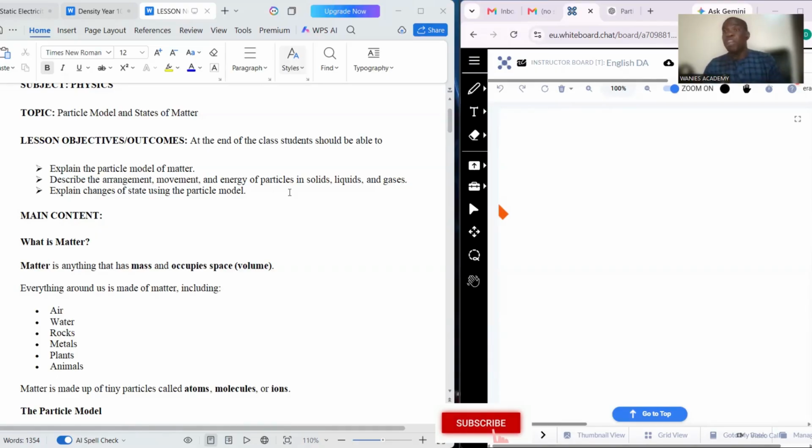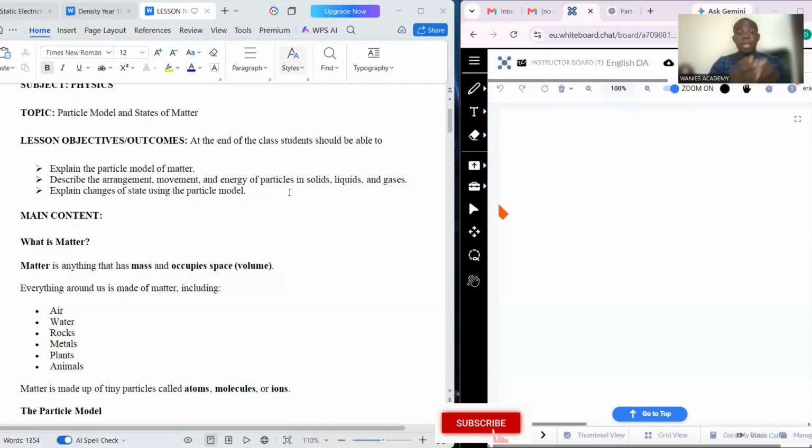Then rocks, made of different types of minerals. It's matter. Metals, which are elements in the periodic table, are also matter. Plants occupy space and have mass, so they are also matter.